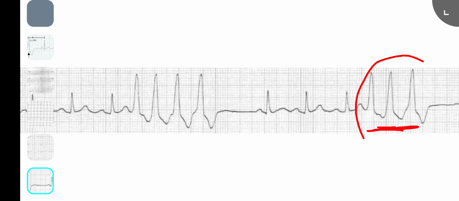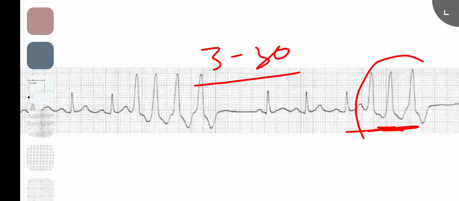Non-sustained VT is actually 3 to 30 PVCs coming consecutively together. Some people use triplets, some use short bursts of VT, and some use non-sustained VT. So these are the different patterns of the PVCs.